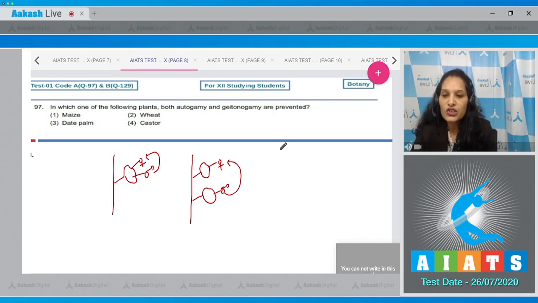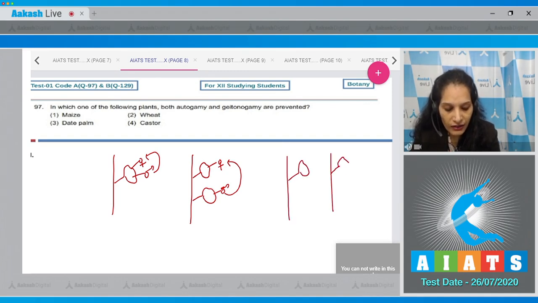In which condition both autogamy and geitonogamy can be prevented? In those plants which are dioecious, means those plants in which the male and the female flowers are present on separate plants, right? So in this condition, both autogamy and geitonogamy are prevented.